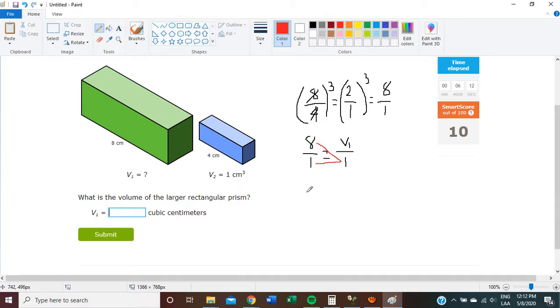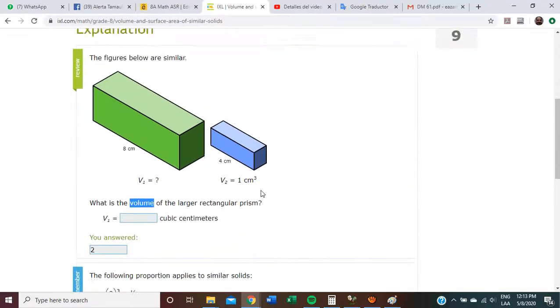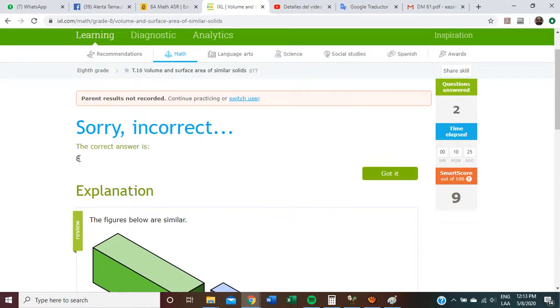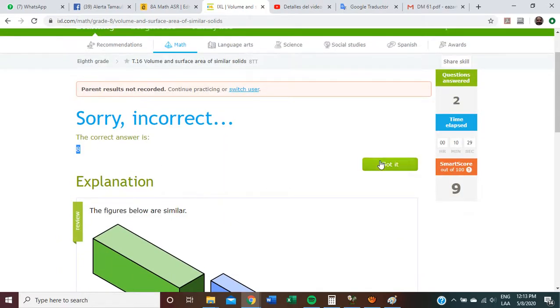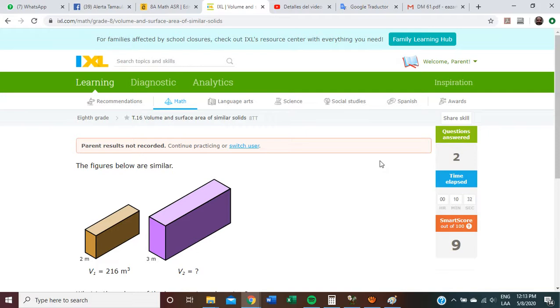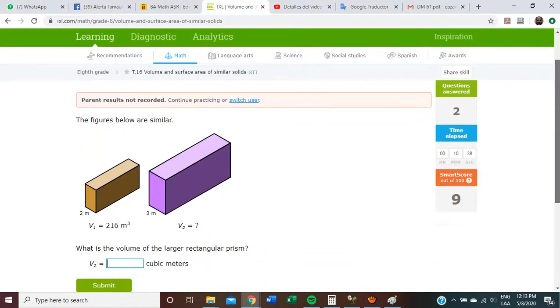So the answer is that V1 equals 8 cubic centimeters. All right, so that's why the correct answer was 8. Sorry about that mistake. So if you want, you can just close the video if you already understood, or you can continue watching this video because I am going to do the other one.